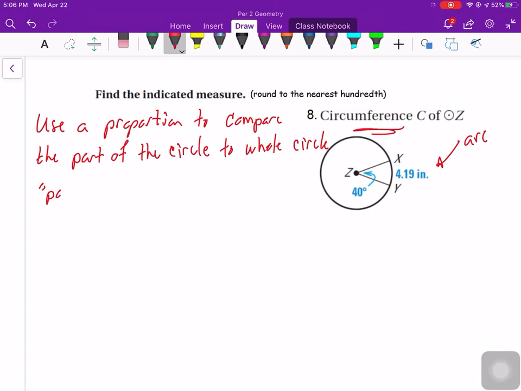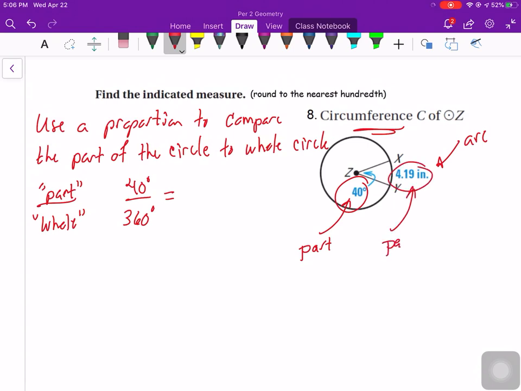Keep in mind, we're going to be comparing the part to the whole. So to begin with, the number of degrees in the part is 40 degrees. The number of degrees in a full circle is 360 degrees. On the other side of the proportion, the length of the arc in the part is 4.19.